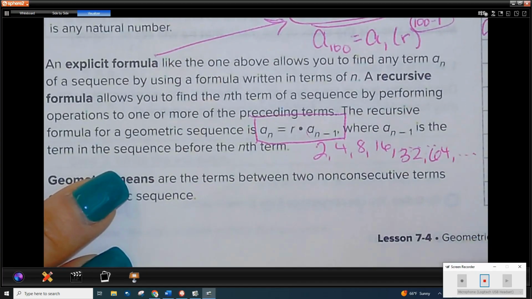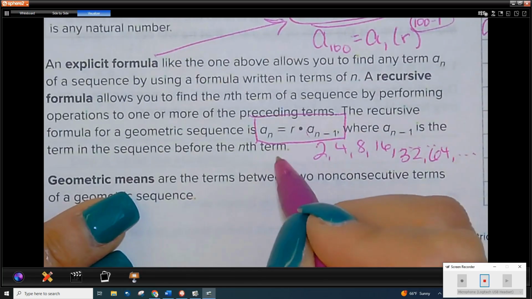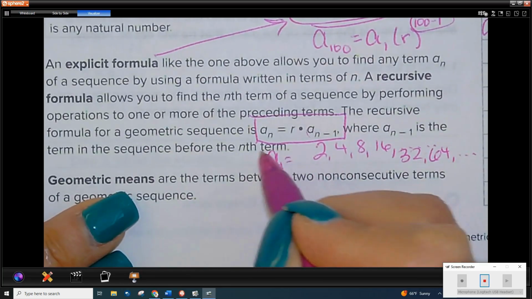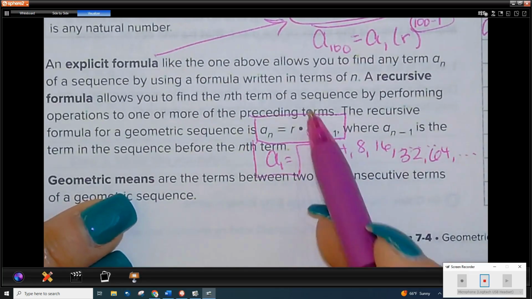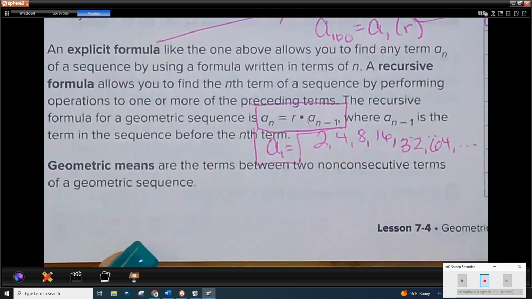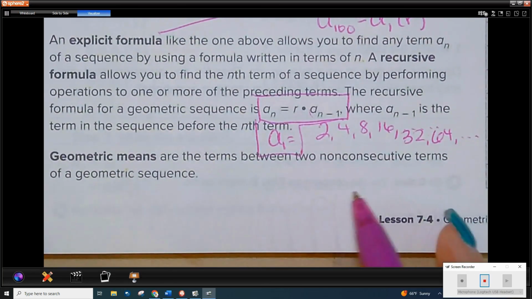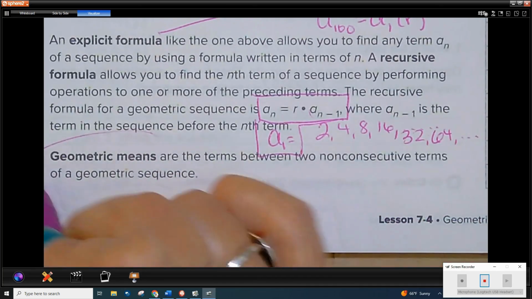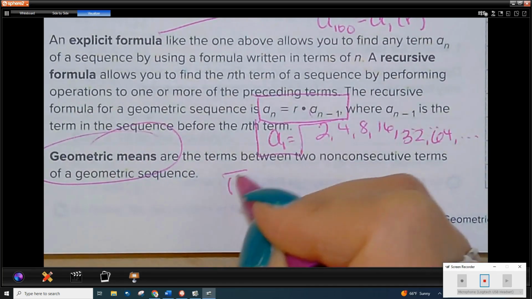You have to tell it where to start. You also have to list what A1 is. So those two parts for recursive. Or else you don't know where to start with this. So you need to tell it where to start and then which term you want. Geometric means are the terms between two non-consecutive terms, and we'll do an example with that to find missing terms.